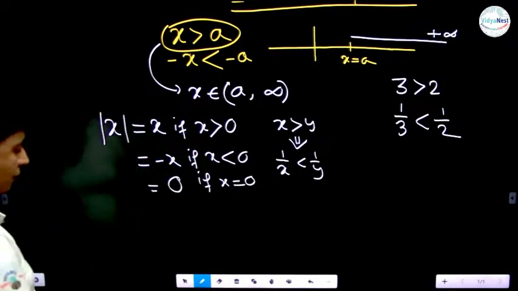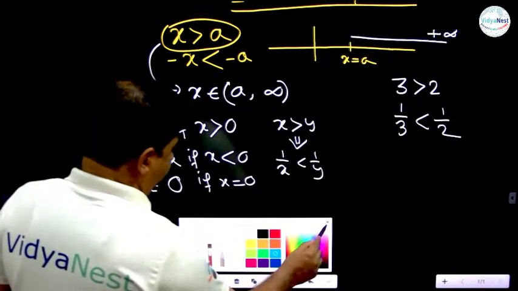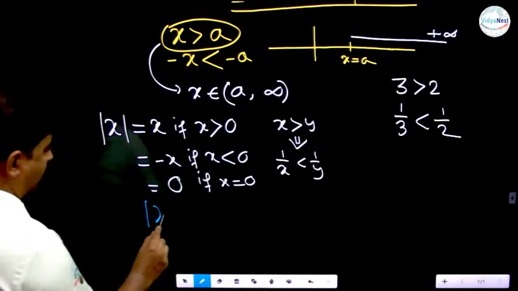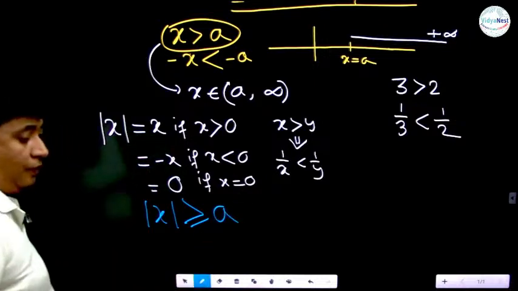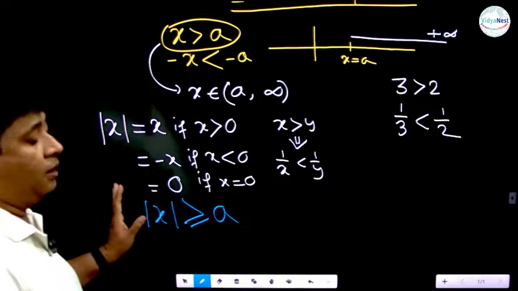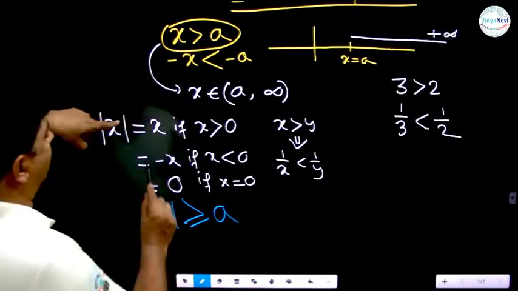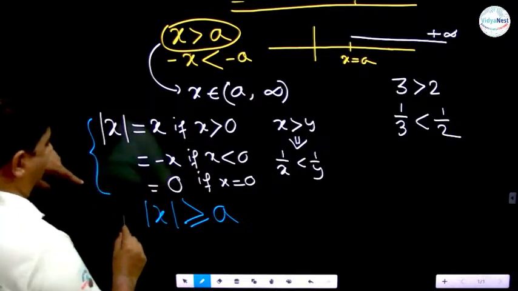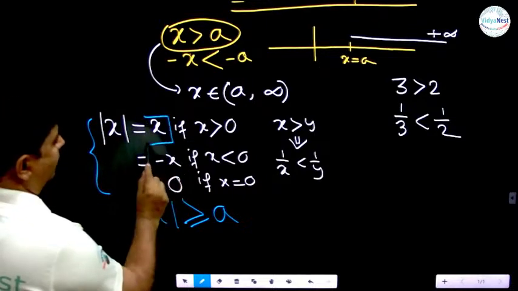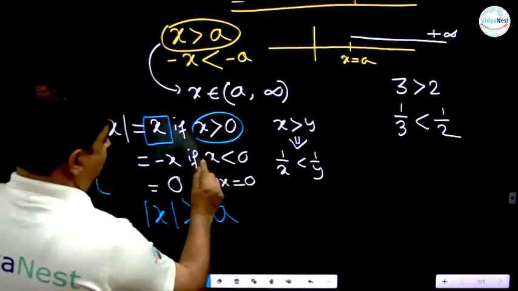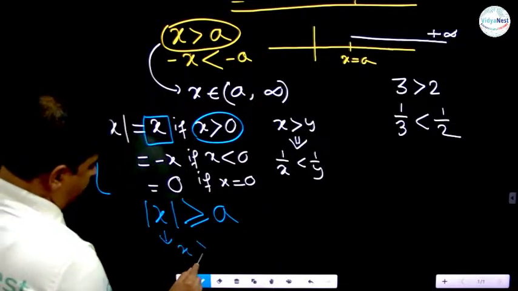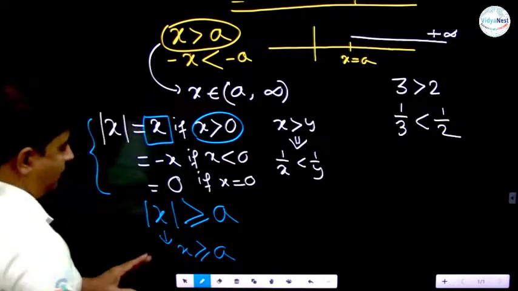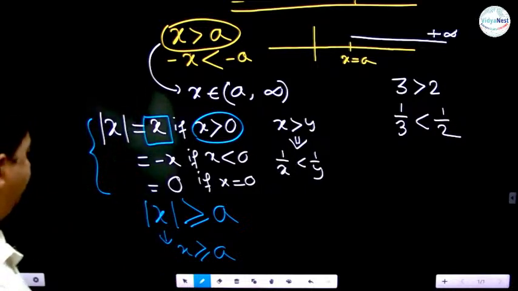Now, if you get a result of this type, mod x greater than or equal to a, what does it mean? If I follow this definition, mod x will be x when x is greater than 0. So first I will take plus x, then x greater than a.